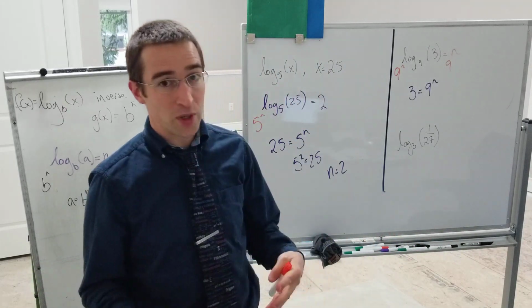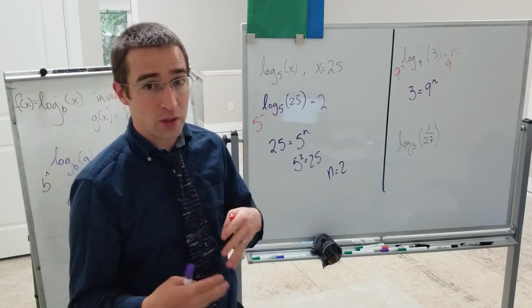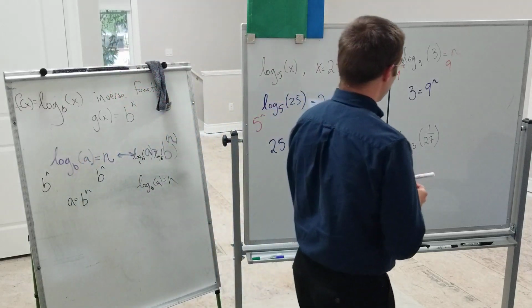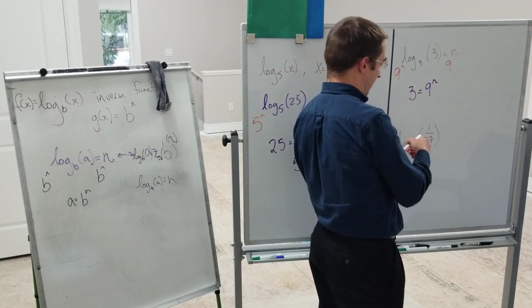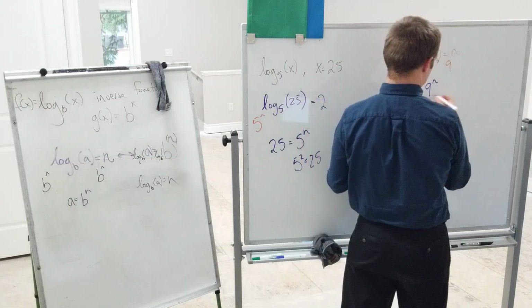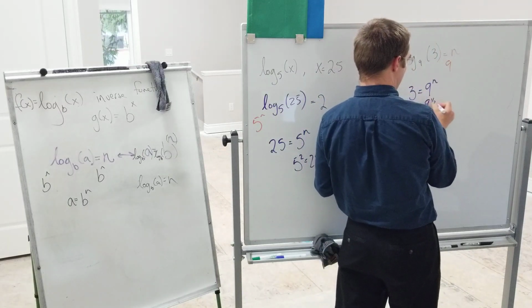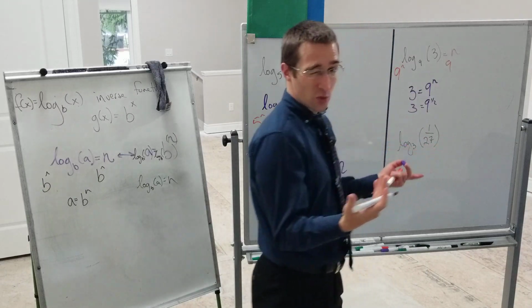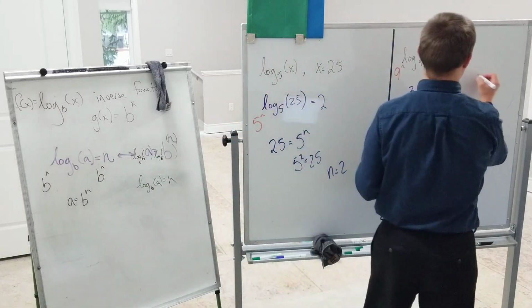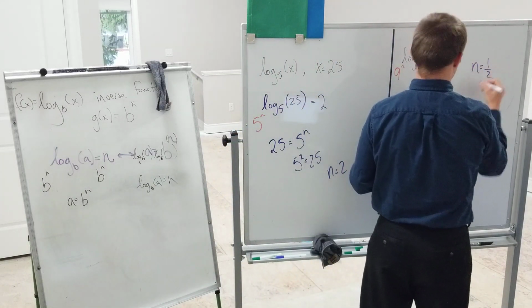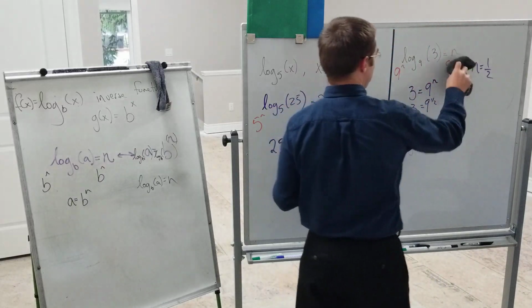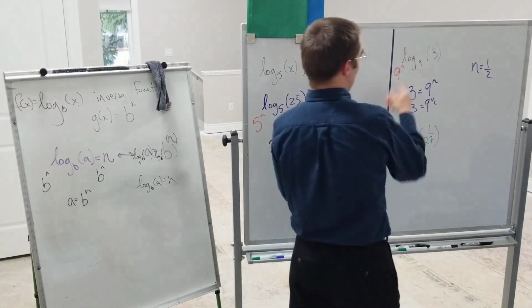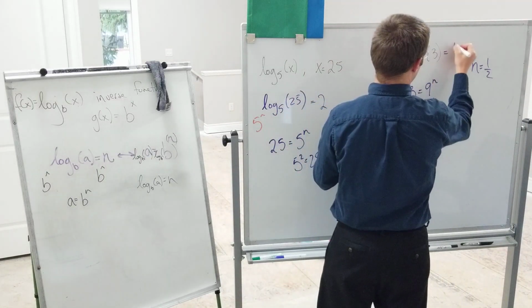Well, in this case, remember a fraction exponent that's less than 1 is a root. So here, if I square root 9, I get 3. So in this case, 9 to the 1/2 equals 3, which is the square root of 9. So n equals 1/2. Log base 9 of 3 equals 1/2.